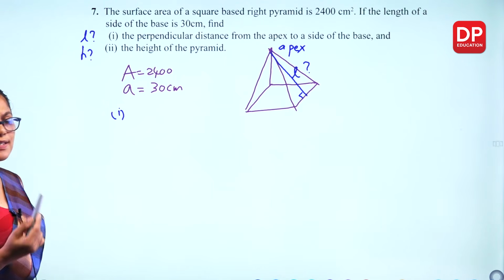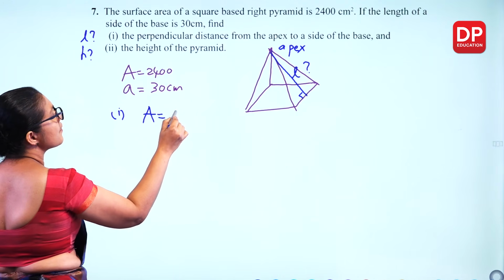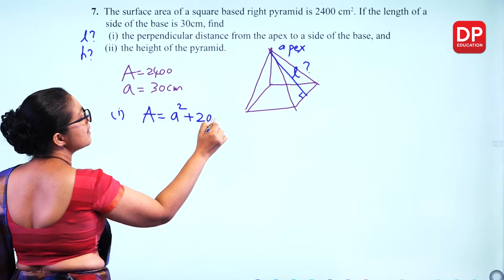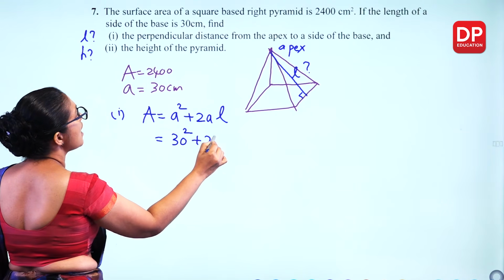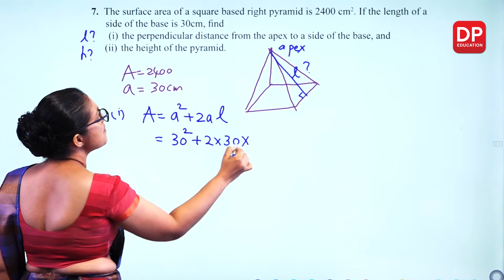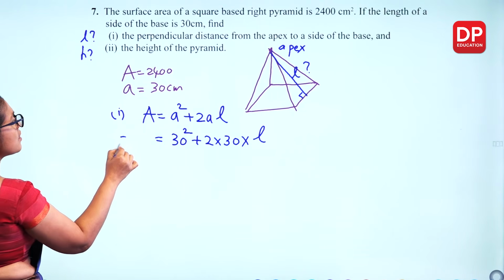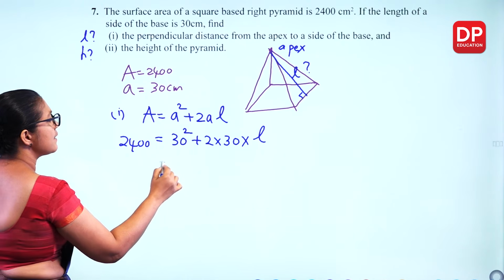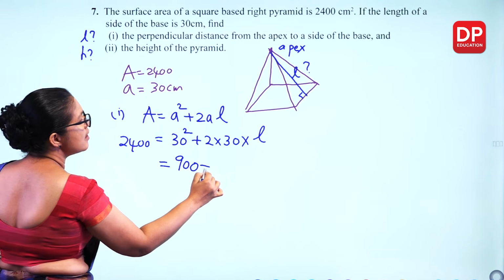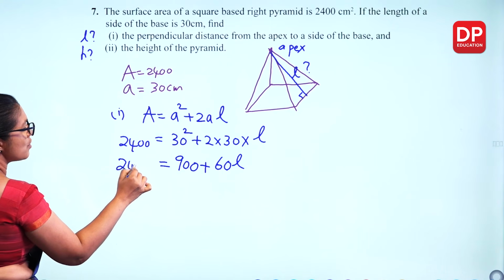What's given? Surface area is given. So we can use that formula to find the L value. So what's the area? A squared plus 2AL. A squared is 30 squared plus 2 times 30 times L, and it's given 2400. Now try to find L. 30 squared is 900. 2 times 30, 60. 60L is equal to 2400.